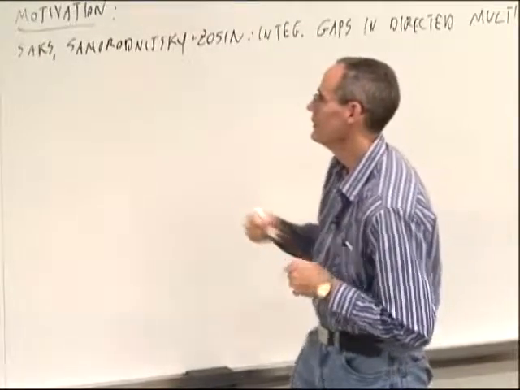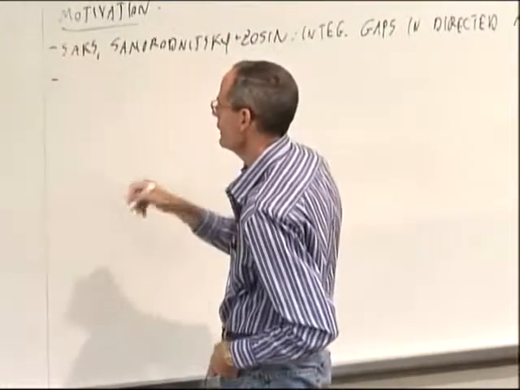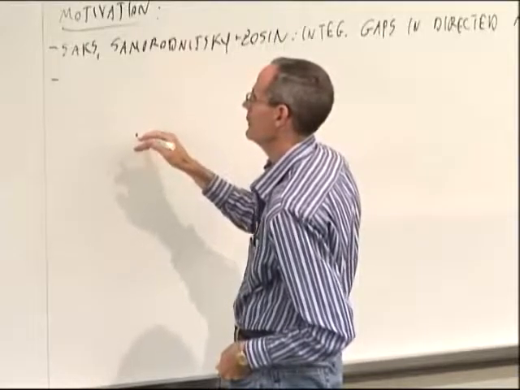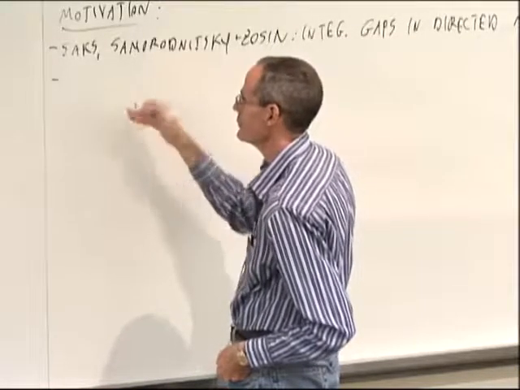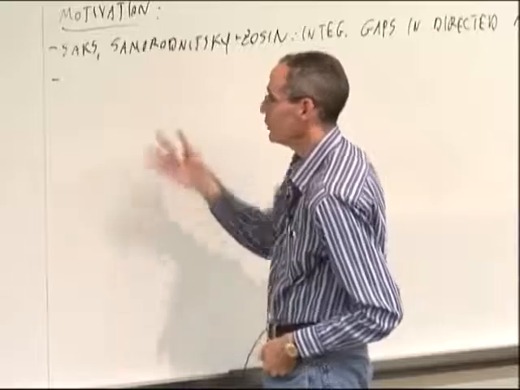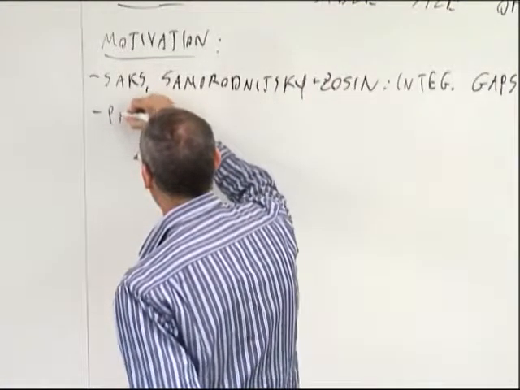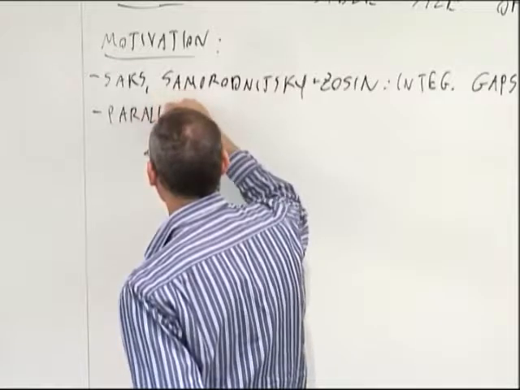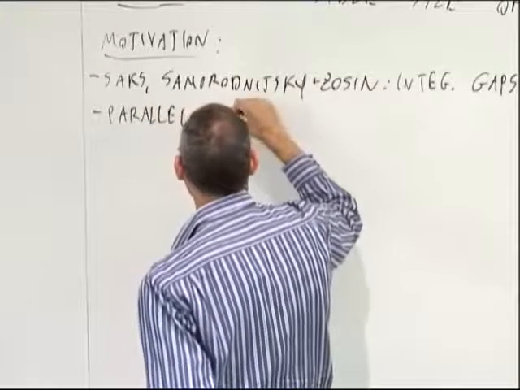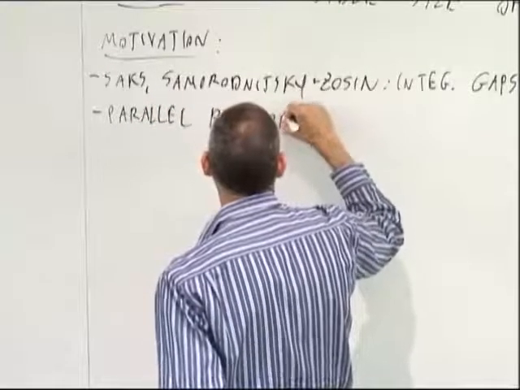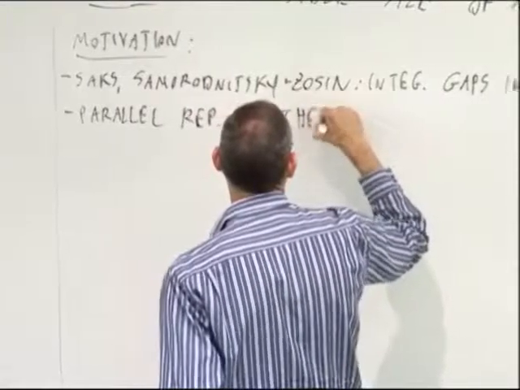But okay. Now here is the second one. The story is even longer and is interesting, I think. That's what is called a parallel repetition of the odd cycle game.